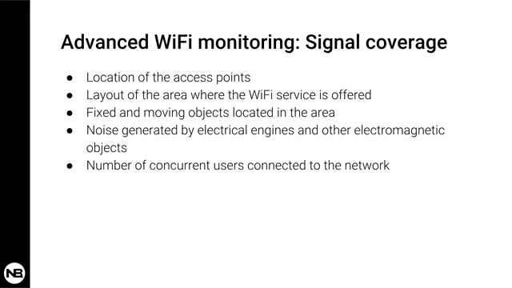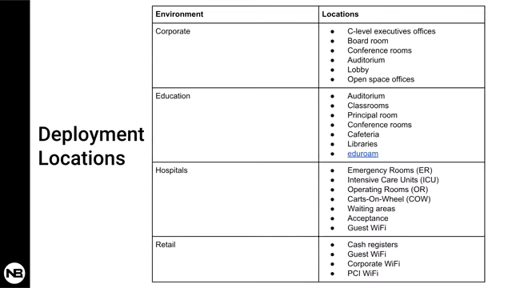So nothing new. To conclude, I wanted to list some key locations where you should consider deploying Wi-Fi sensors, and I grouped them based on the environment. Like a generic corporate environment, maybe you want to install one sensor or more per boardroom or conference room, and so on.